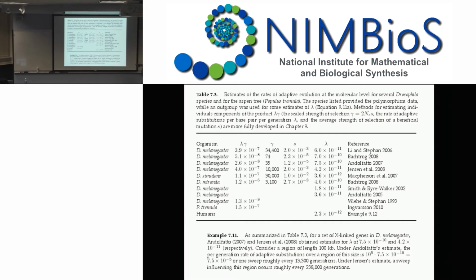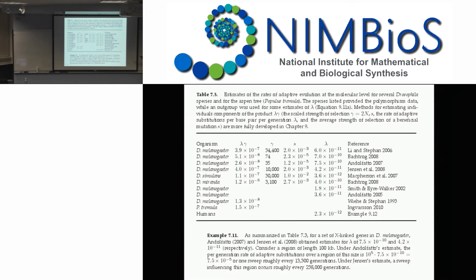If I have a region of 100 kilobases, so multiply this by 10 to the 5 for Andolfatto, it suggests one sweep in a region this size every 13,000 generations. If you use a slightly larger, slightly smaller value, it suggests one sweep in a region of 100 kb about every 200,000 generations.